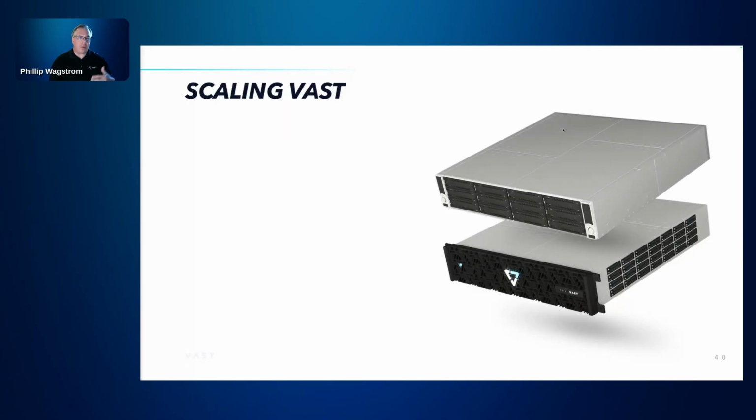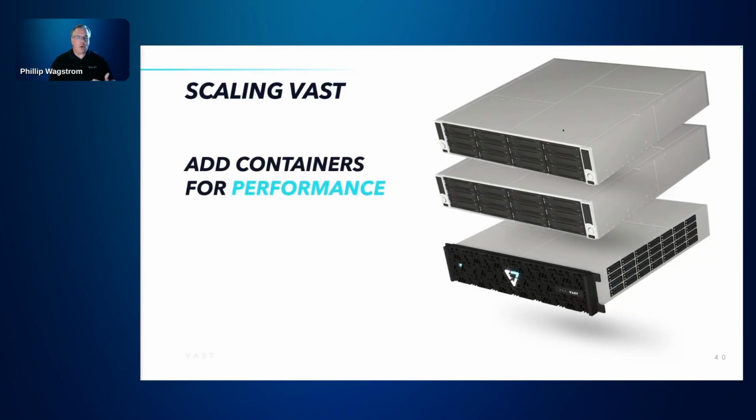So let's talk about when we want to scale a cluster. Let's look at when we want to scale VAST. If we want additional performance, we need more IOPS on the front end. IOPS, on the network side, requires driving those packets in, and requires more protocol overhead. We can add additional C boxes, additional C nodes for containers, to get the IOPS and throughput that we need, because that's where the networking is.